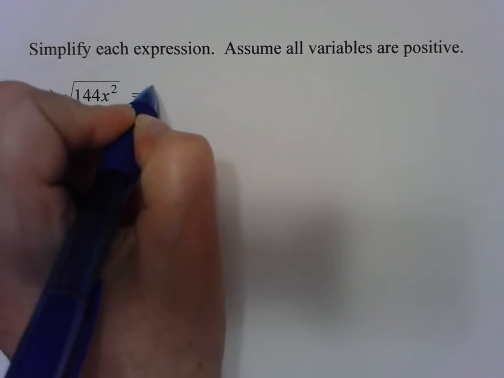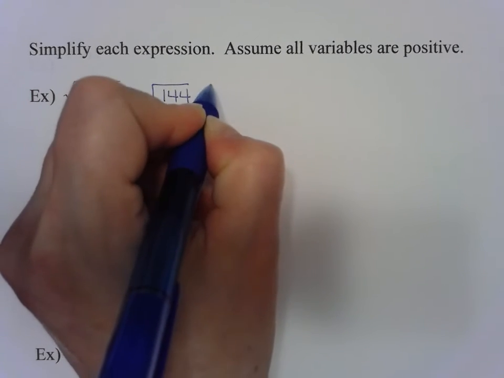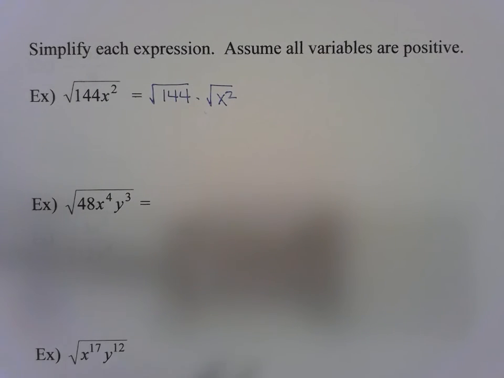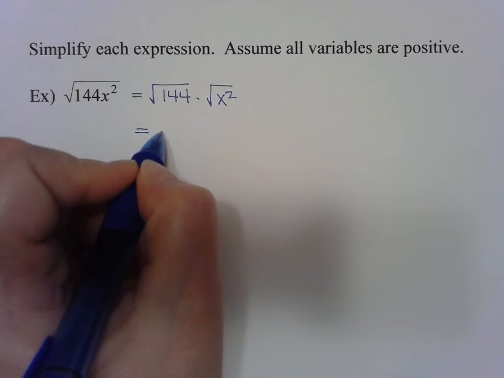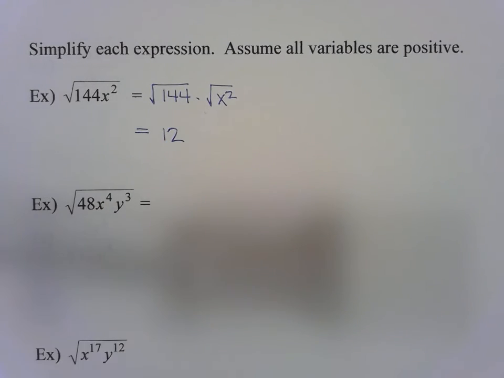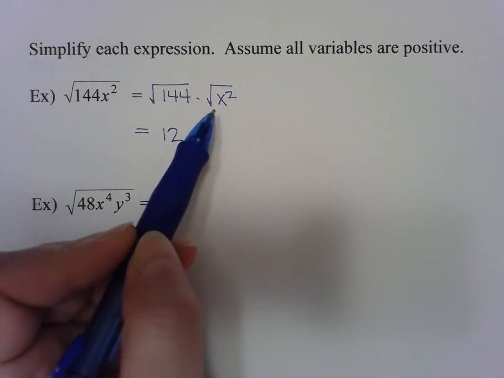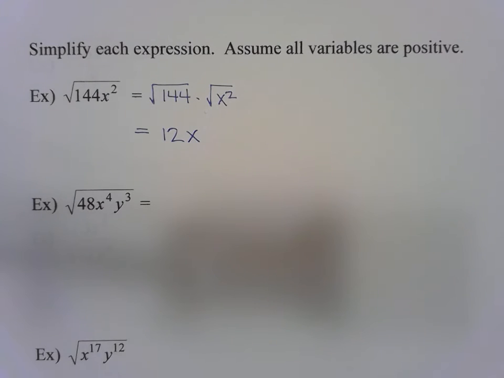I can take the square root of 144, and I can take the square root of x squared. It's okay to think of them separately like that. This one I think we can all do very easily in our head. 144 is a perfect square. x squared is a perfect square. I think x times x. So we get 12x. Right?